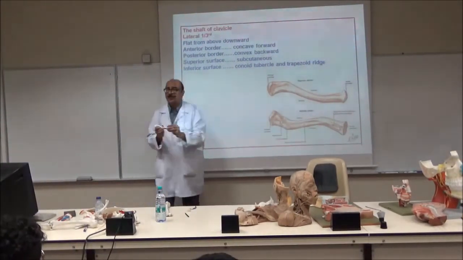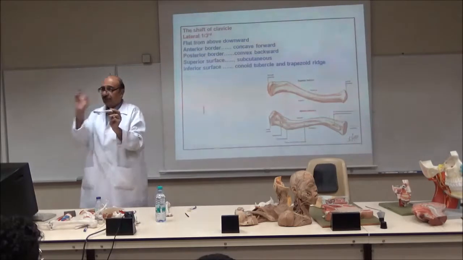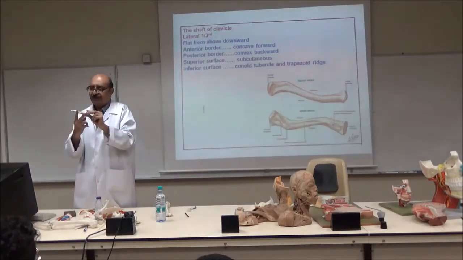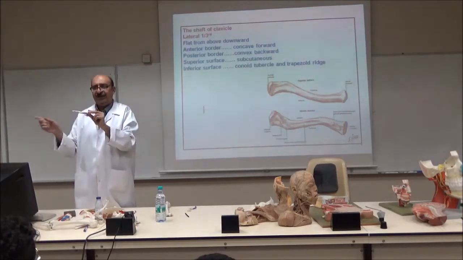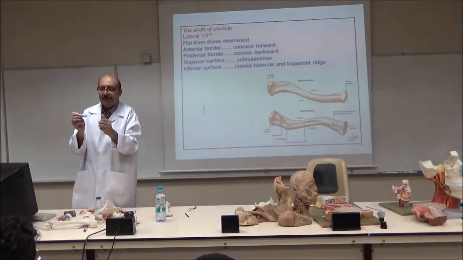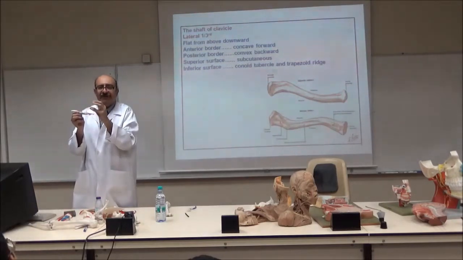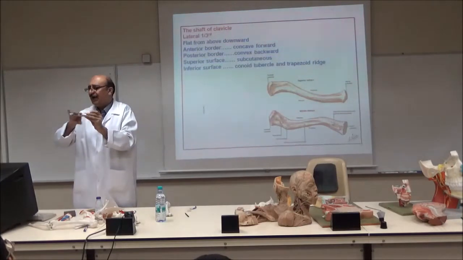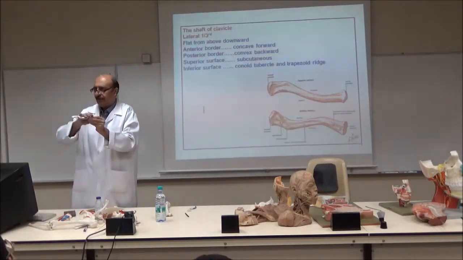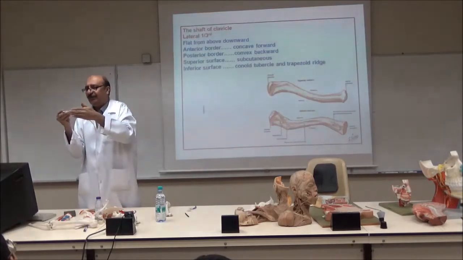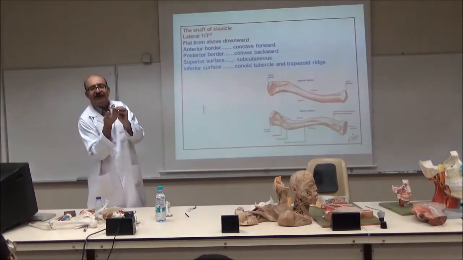Again, clavicle: two ends, acromial end, sternal end, with a shaft. The acromial end laterally, the quadrangular or sternal end medially, making the sternoclavicular joint and the acromioclavicular joint. The shaft is smooth on the superior and anterior, convex like this, with concavity here.